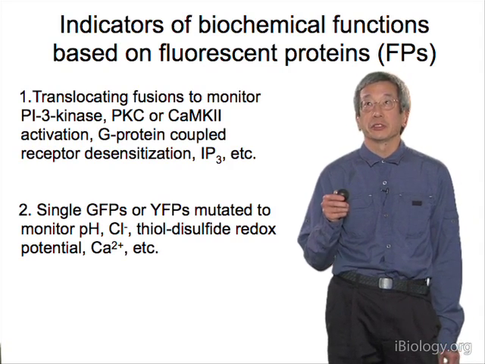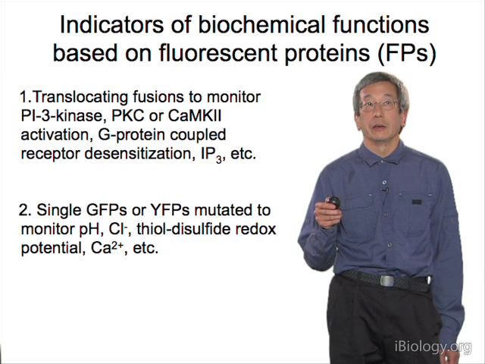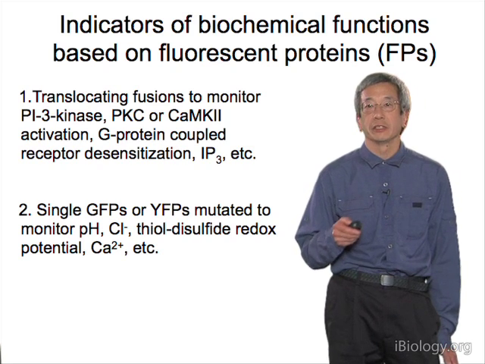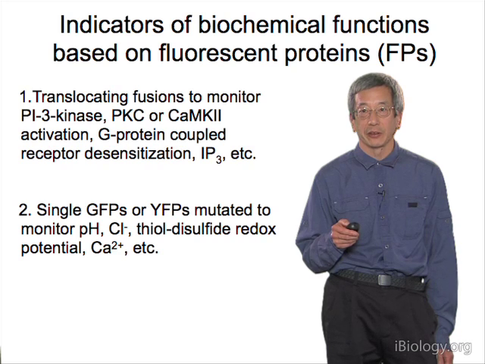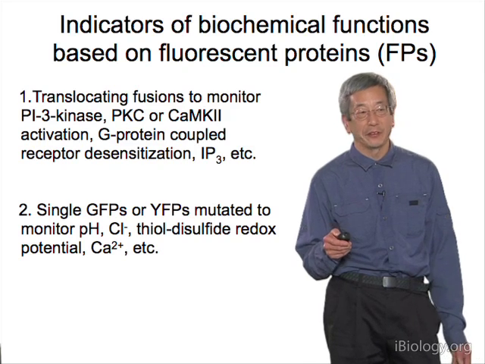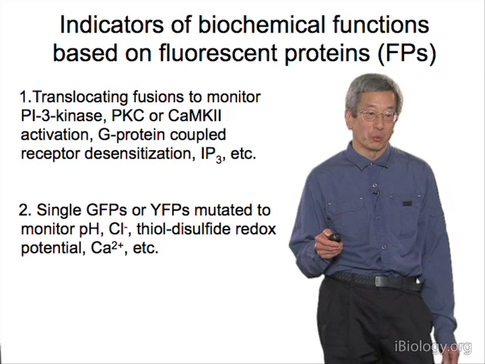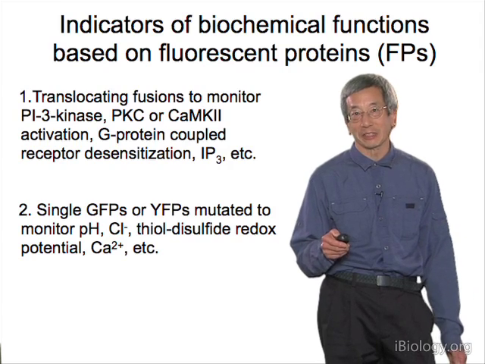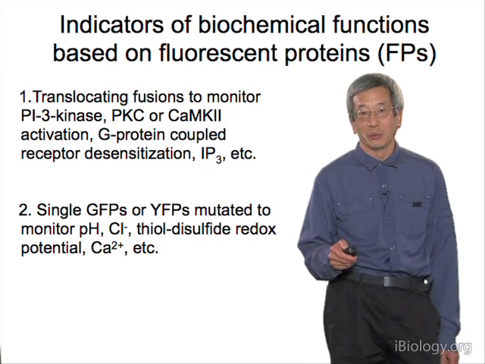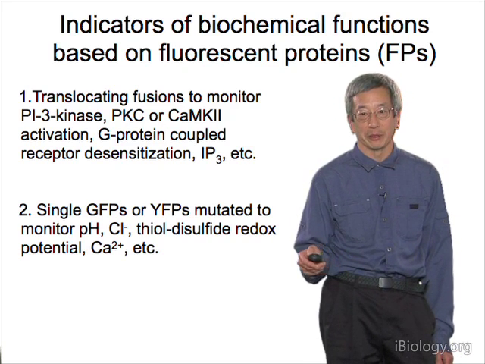In all of these cases, the signals have caused a binding protein to move around inside the cell from one location to another. And all we have to do is tag that binding protein or motif with a fluorescent protein and watch where it goes. And when it goes, if we did our biochemistry right, that'll tell us that the original signal was generated. And I'll give you one example of that.